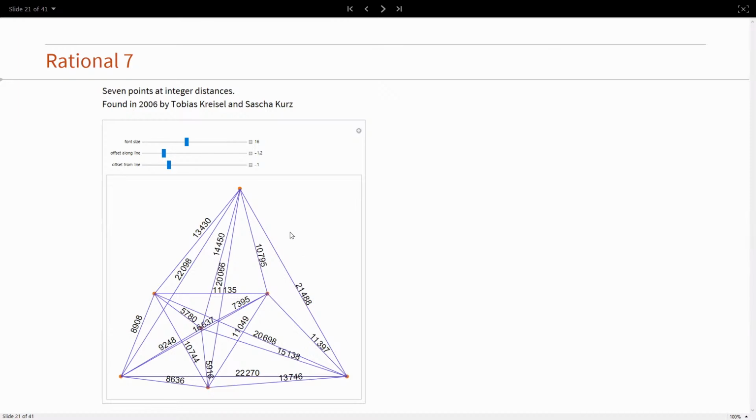With those 2 restrictions, that becomes a very hard problem. And here is a solution for 7 points where they all have integer distances. It's an unsolved problem at the moment whether there's 8 points that are all at integer distances from each other. So if anybody would like to try to solve that one, that might be a good problem to look at.